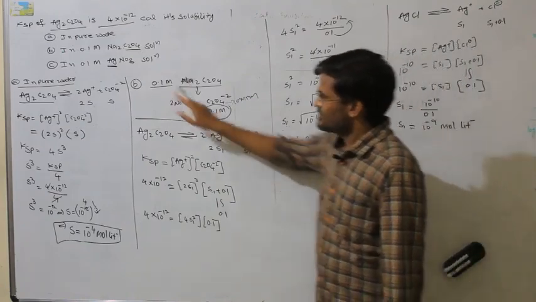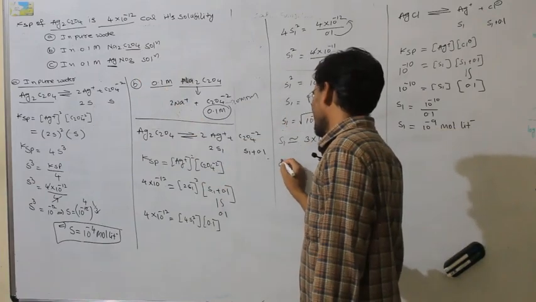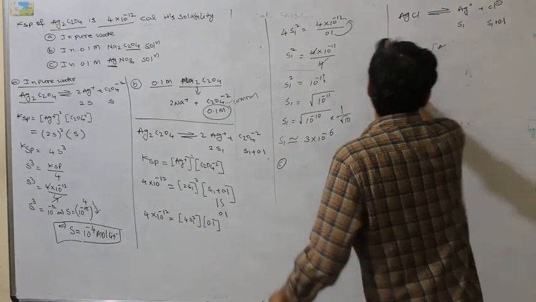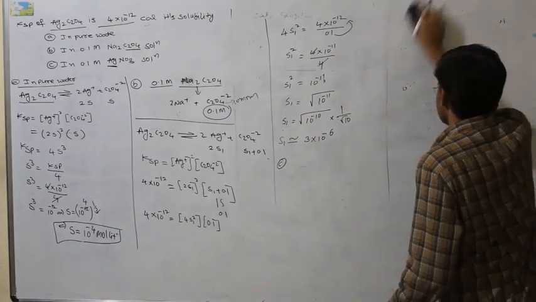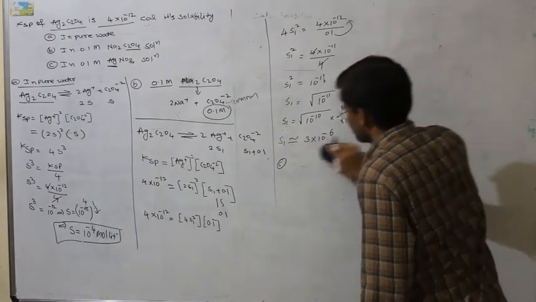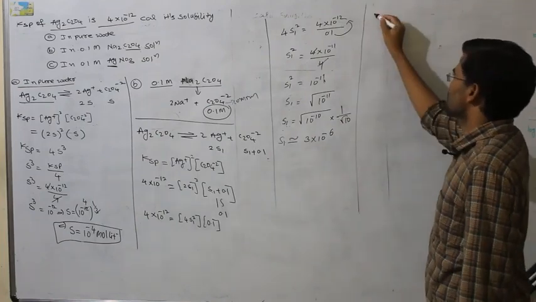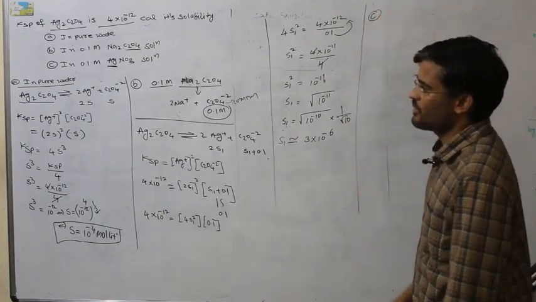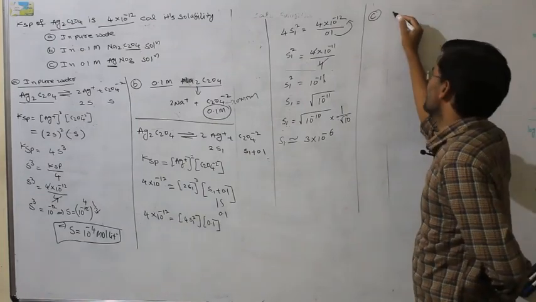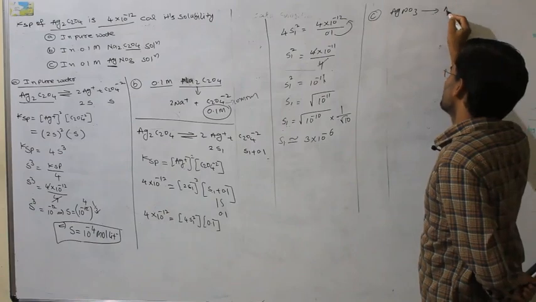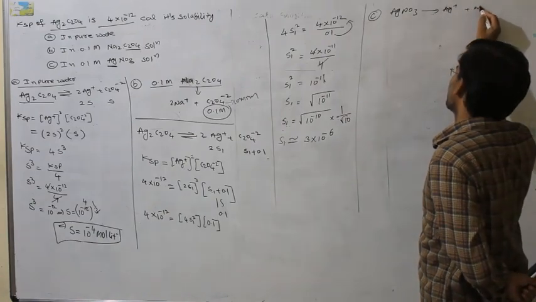Same way, the third one you can see. Number 3. In number 3 case, what happened? Third question: in 0.1 molar silver nitrate. So silver nitrate will be giving Ag plus ion and NO3 minus ion.